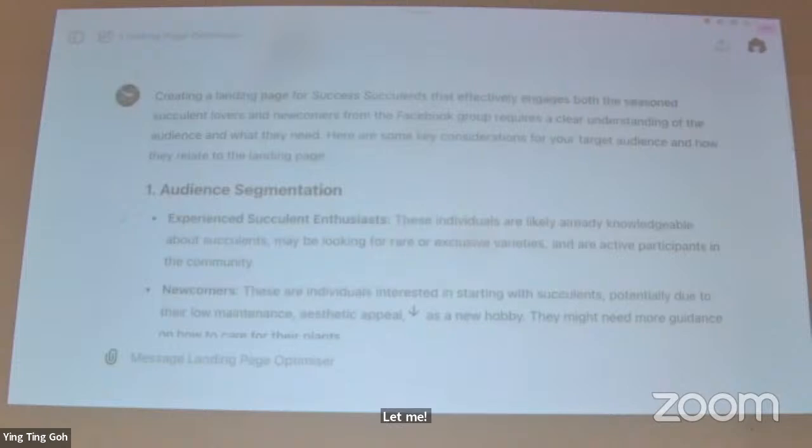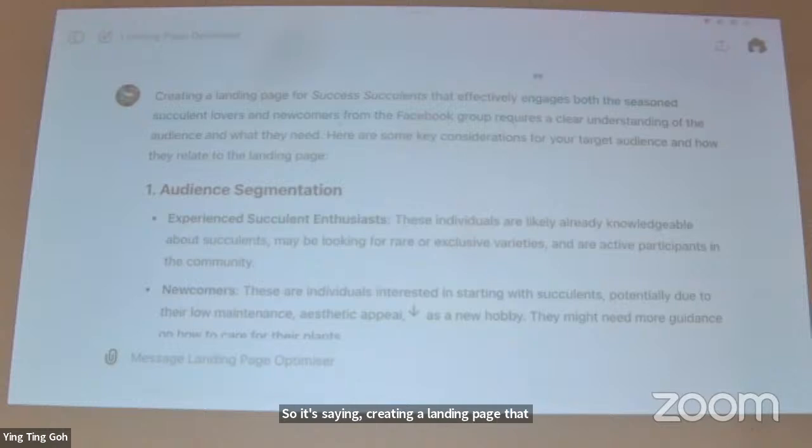So it's saying creating a landing page that engages both seasoned succulent lovers and newcomers requires an understanding of the audience and what they need. So I didn't directly jump into asking for a landing page because first I want to prime the conversation, because I'm going to use the conversation as an ongoing thread.